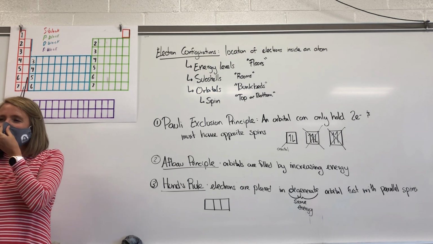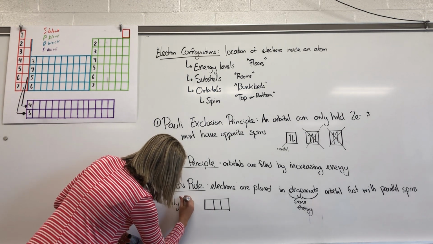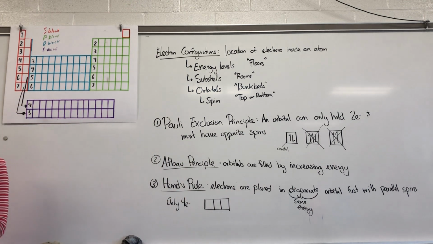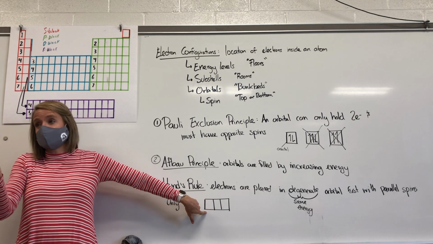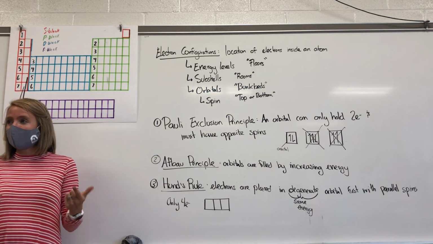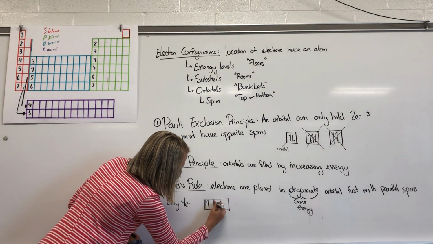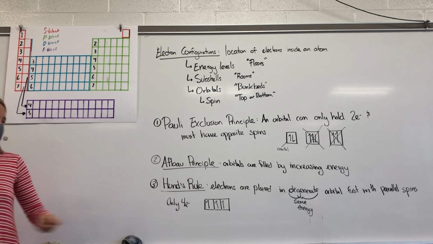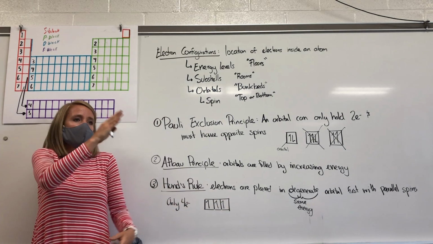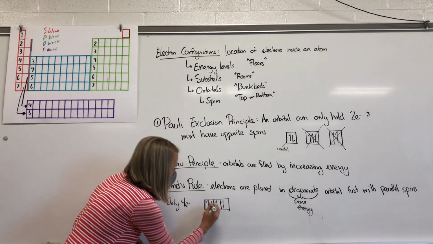For example's sake, let's say I only have four electrons that need to be placed into these orbitals. Technically, how many could it hold? It could hold up to six. But if I only have four to put in, according to Hund's rule, the way they will occupy it is like this. Parallel spins first, meaning they're all going the same direction, so up, up, up. Or you could go down, down, down. Then the fourth one shares.